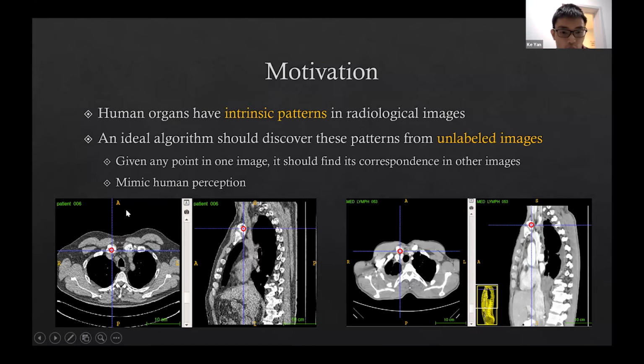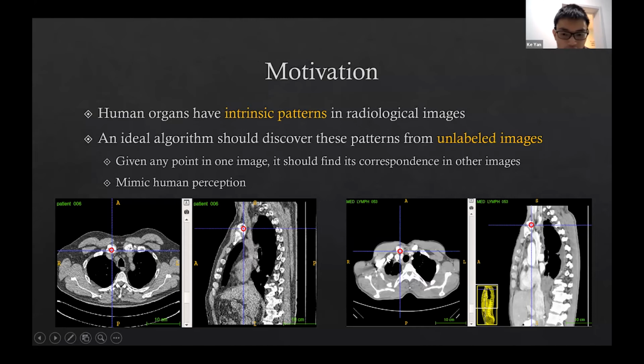An ideal algorithm should be able to discover these patterns from unlabeled images, so that given any point in one image, it should find its correspondence in other images without any supervision. So this is a mimic of human perception. For example, we have two images, and we have 2 points on the 2 images.